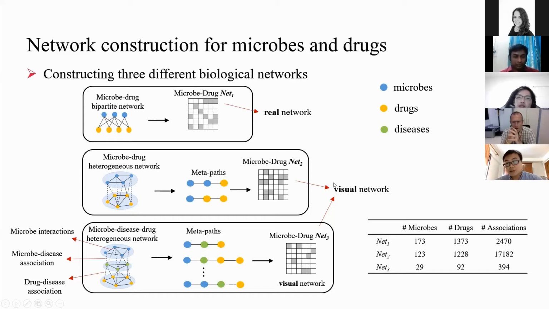Net2 and Net3 are two networks that are predicted by metapaths from the two heterogeneous networks respectively. So they are actually virtual networks. This table summarizes the statistics for each microbe-drug network.